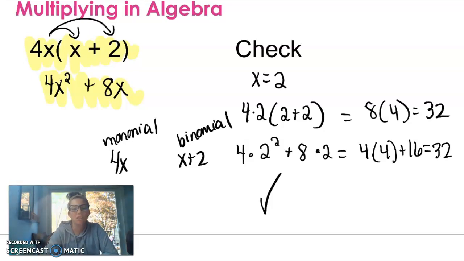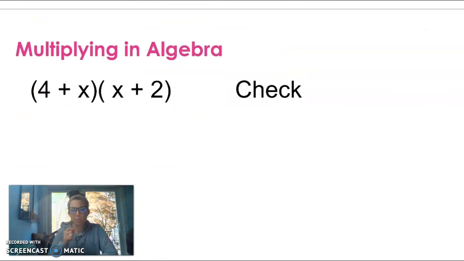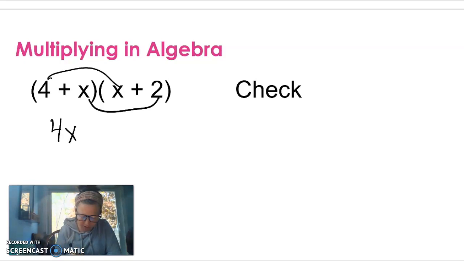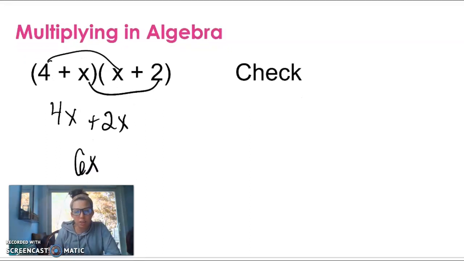Okay, so that works. Now if we try that with this, a lot of times people just want to multiply it like this: 4 times x, 4x, x times 2, and this is a binomial times a binomial, so I'm trying to multiply those together. X times 2 would be 2x, and we're like, okay, that's 6x. And so using that logic, we could check it.